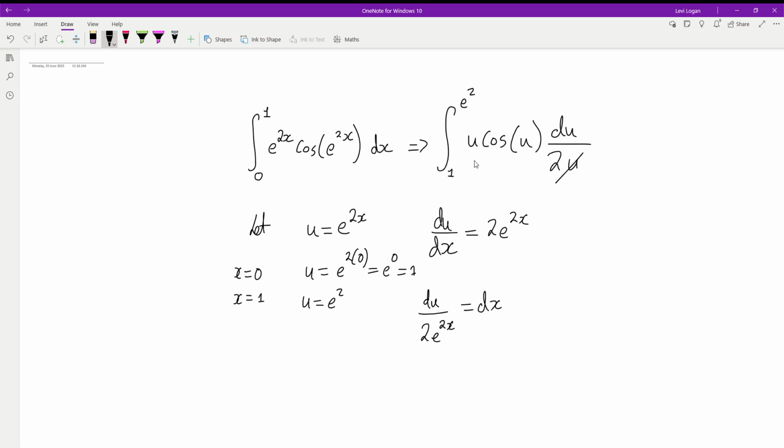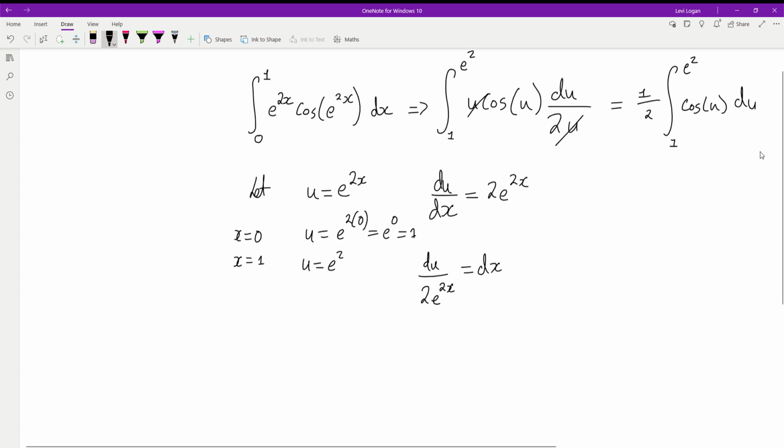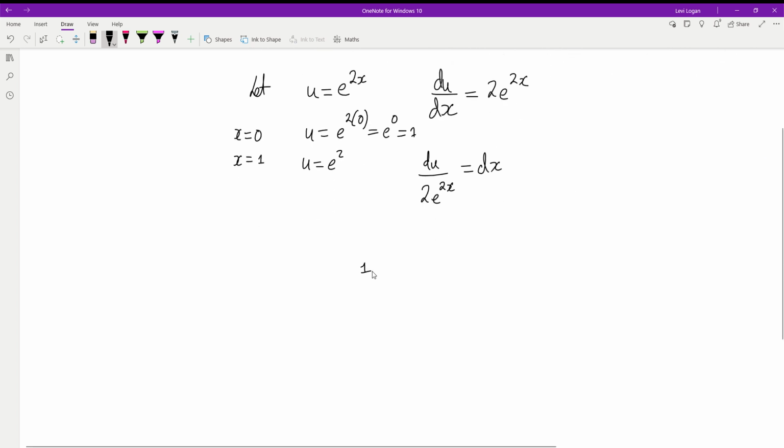So we can see that and that cancel. So all we're left with is we can bring this half out the front, so half of the integral from 1 to e squared of cos of u du. Now let's just bring this down here. So we have a half of our integral from 1 to e squared of cos of u du.